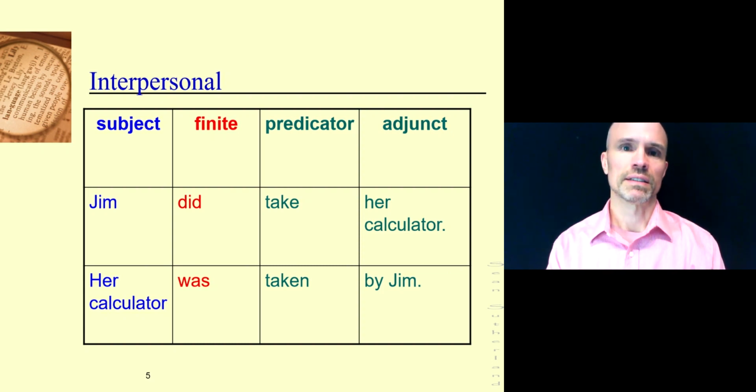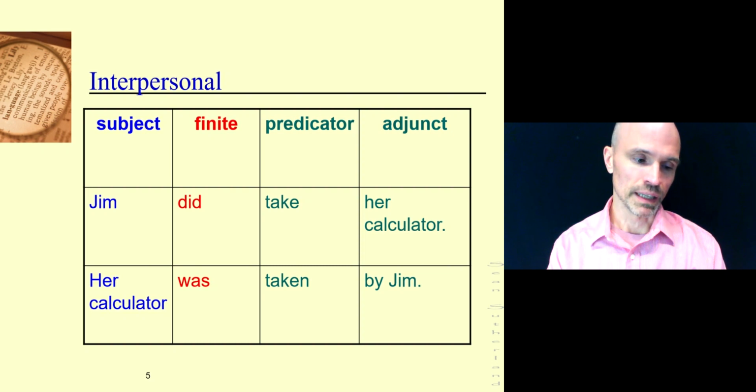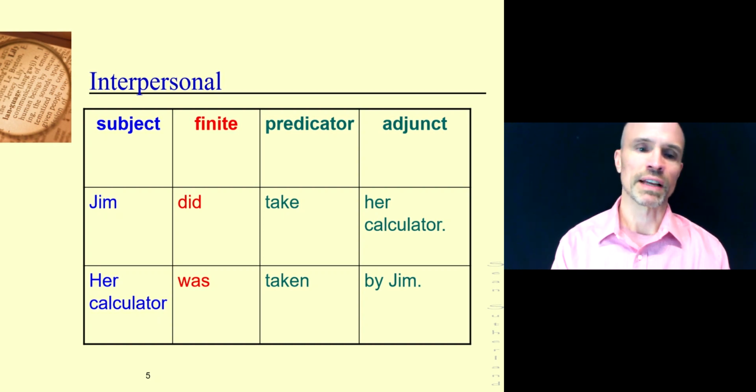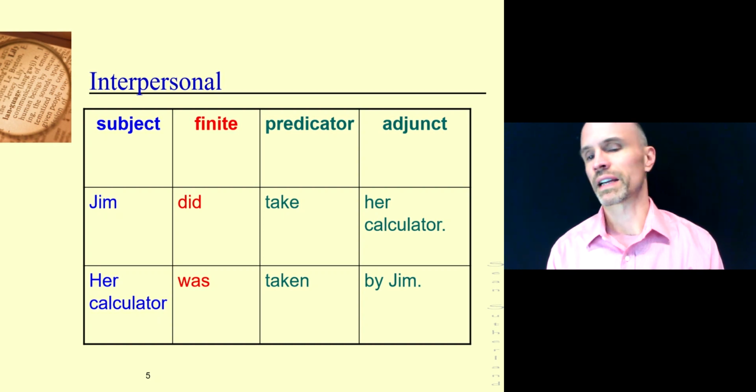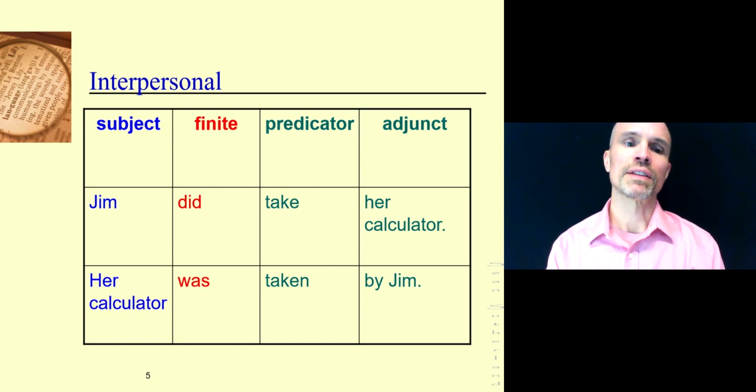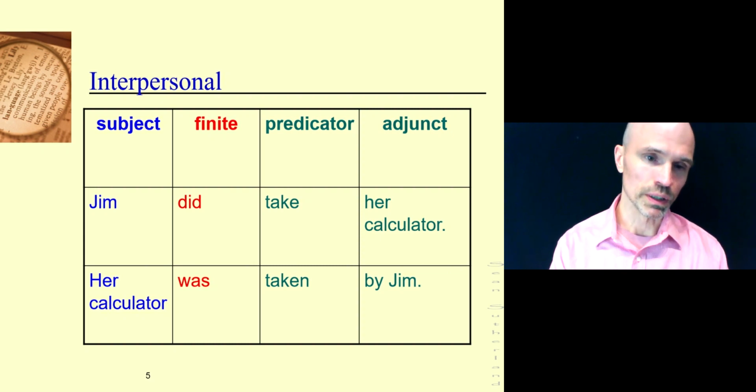In the discussion of the interpersonal metafunction in functional grammar, the subject is the same as you know it to be in traditional grammar, right? So you have sentences like this: Jim did take her calculator, or her calculator was taken by Jim. And in both of those, the subject is highlighted in blue.